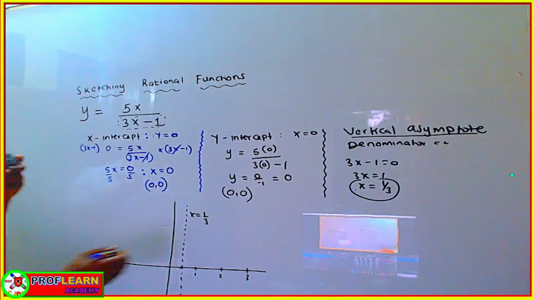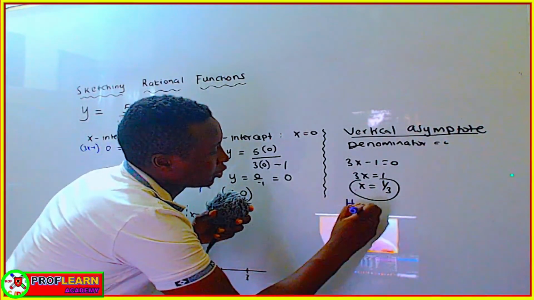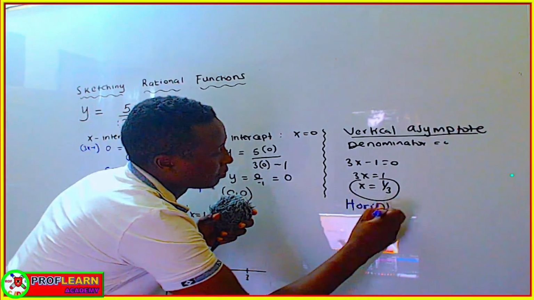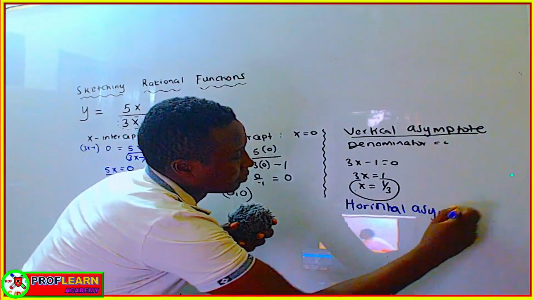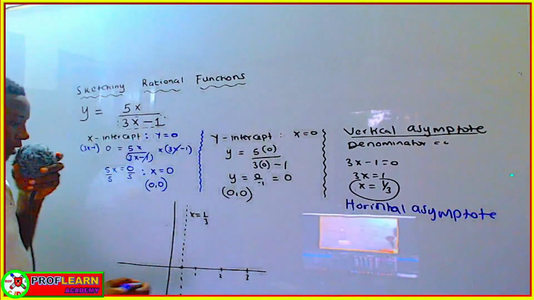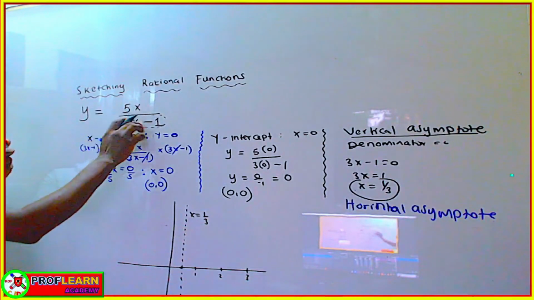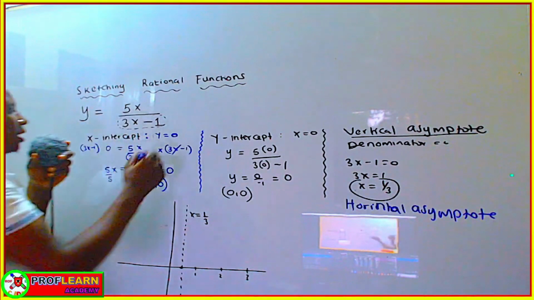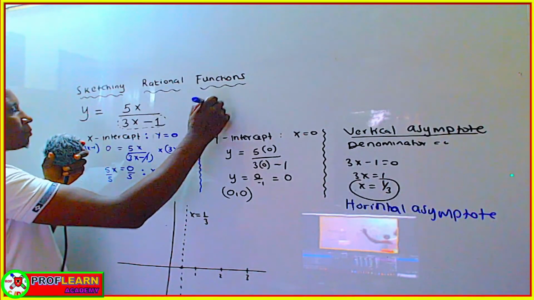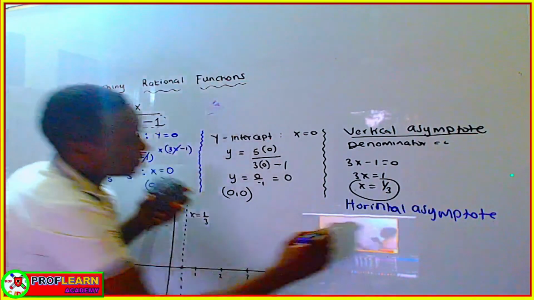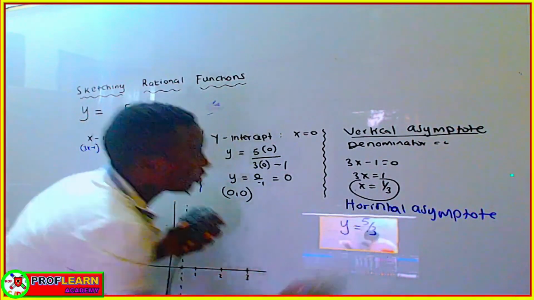Then for the horizontal asymptote, because the degree of the denominator and the degree of the numerator are equal, the horizontal asymptote is going to be 5 over 3.